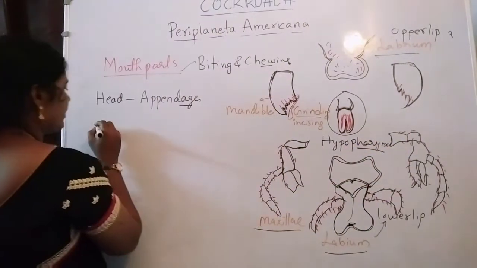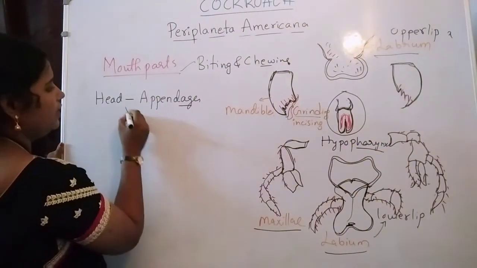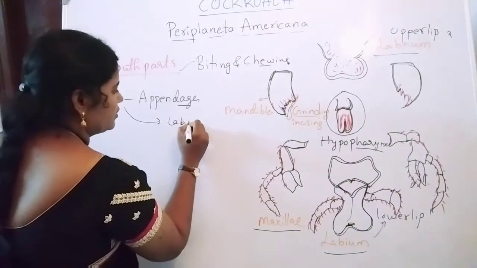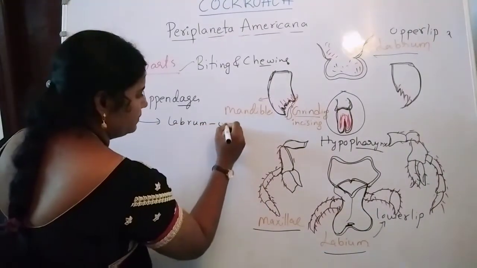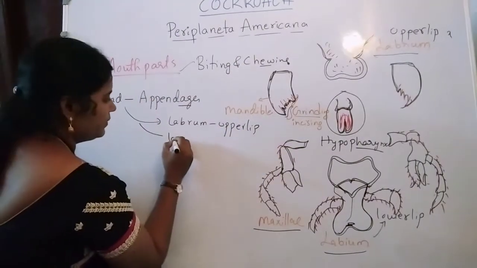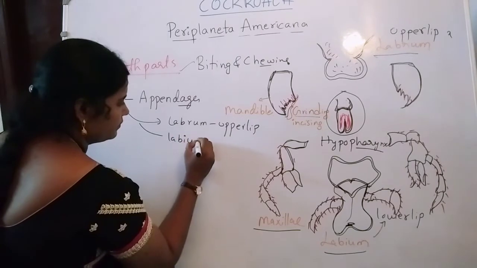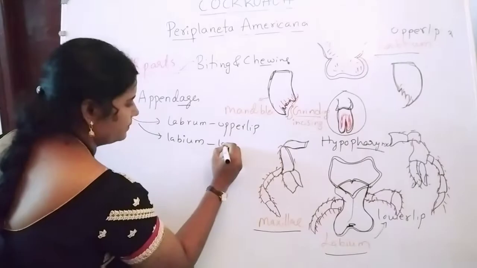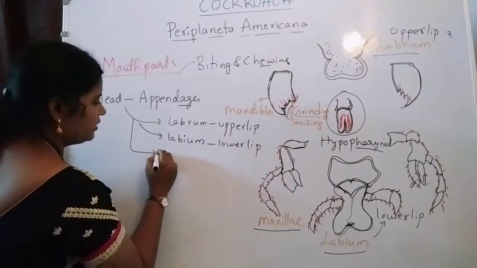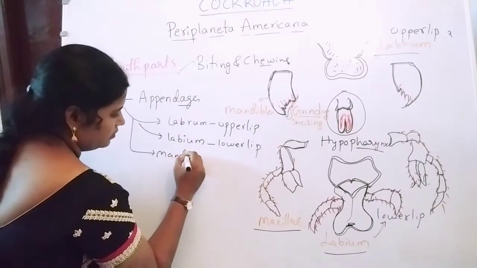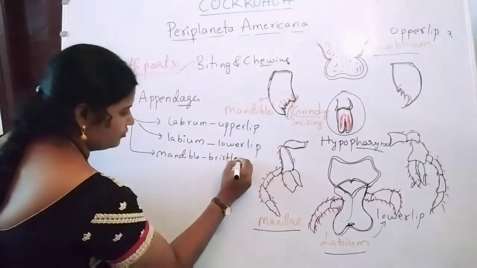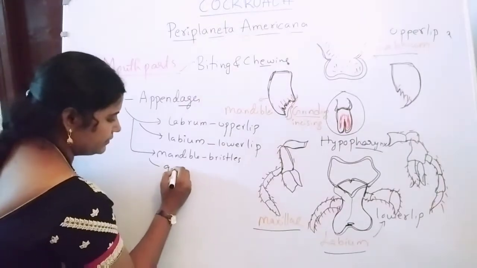See, once again here I am writing the parts. First one is labrum, upper lip, write all of you, upper lip, and then labium, lower lip. After that mandibles, with the help of the bristles, they are useful for grinding.